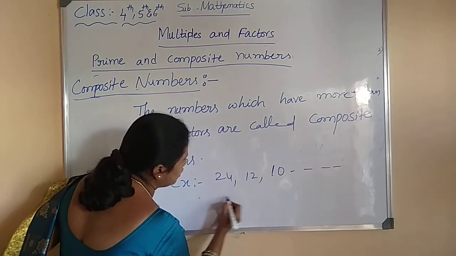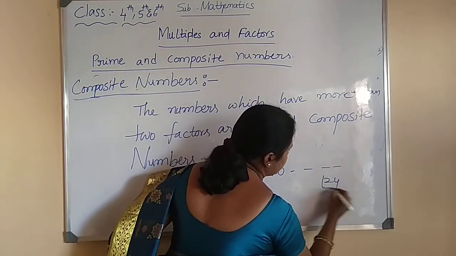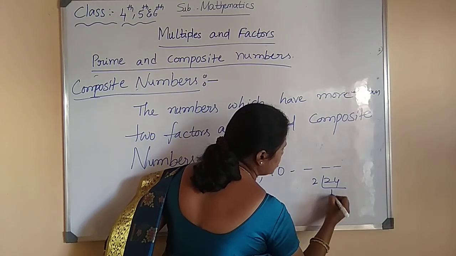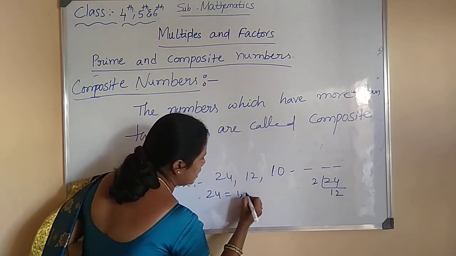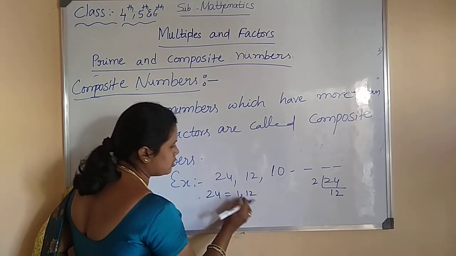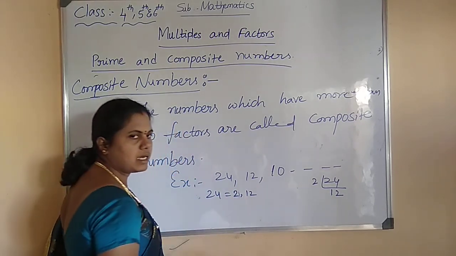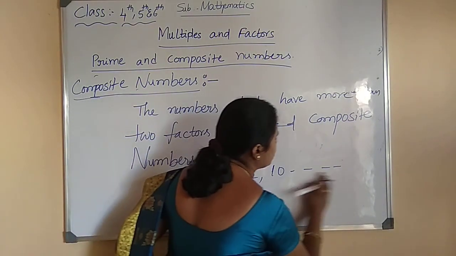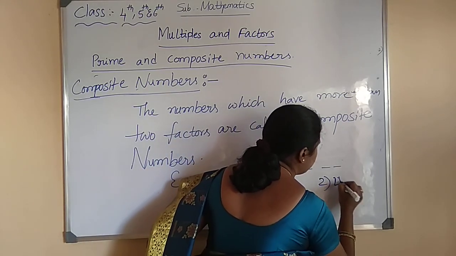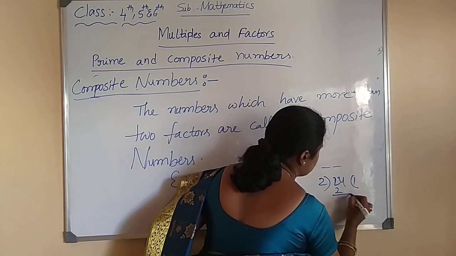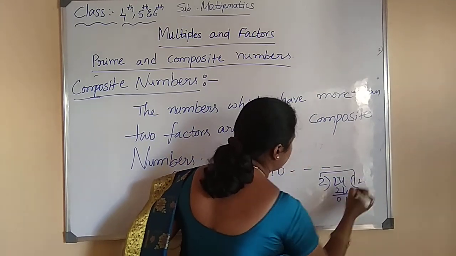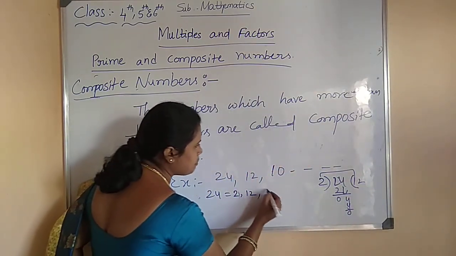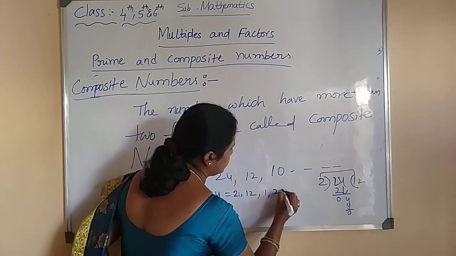See for example 24, you can write 1 two 24, so 1 comma 24 are the factors. If you divide with 2, what you will get? 2 ones are 2, 2 twos are 4, then 2 and 12 are the factors. Then 12 twos are 24.